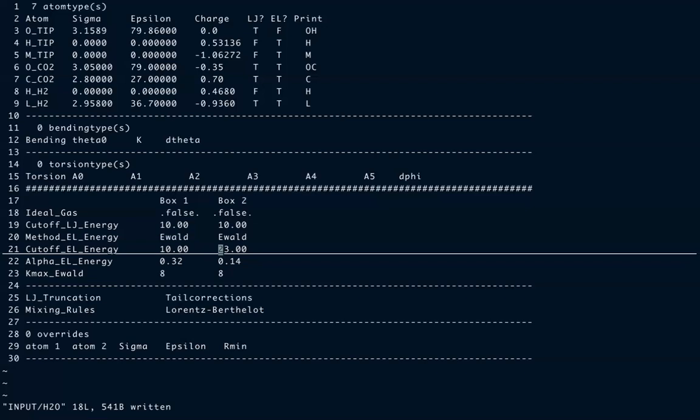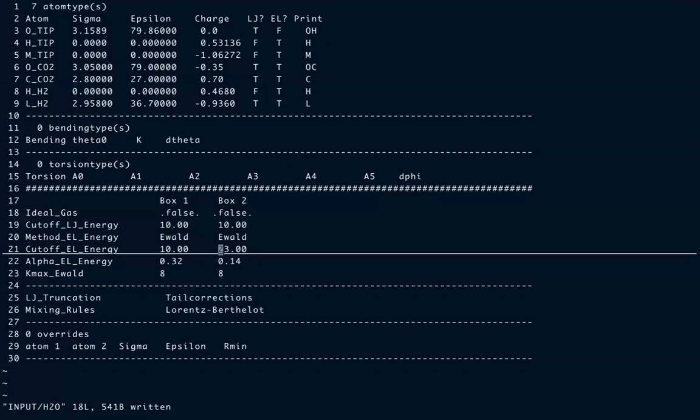Now, the reason for such a large value of the electrostatic cutoff is that the gaseous boxes are huge boxes, which means that you need larger interaction lengths.